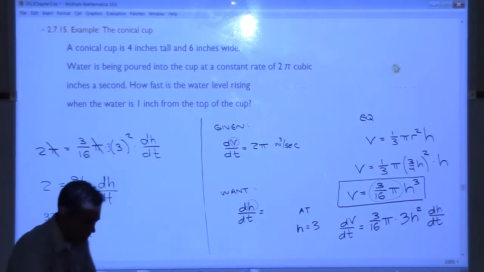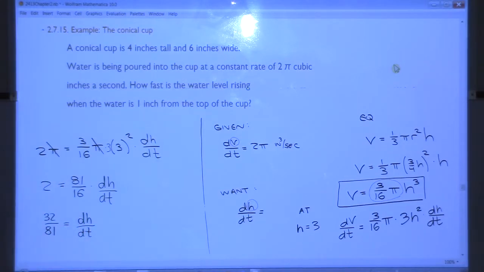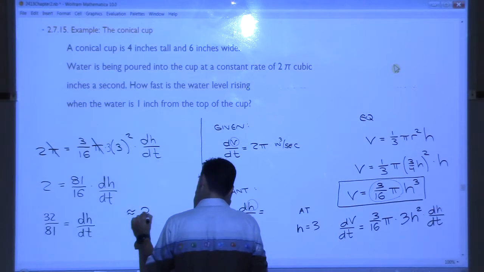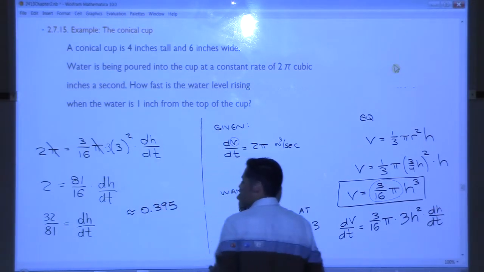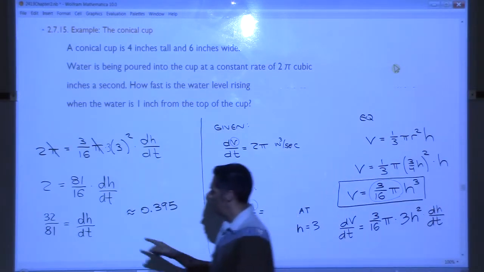And let's go ahead and get that as a decimal, and then we'll talk about the units. 32 divided by 81, right? Approximately 0.395. So we look at the height.